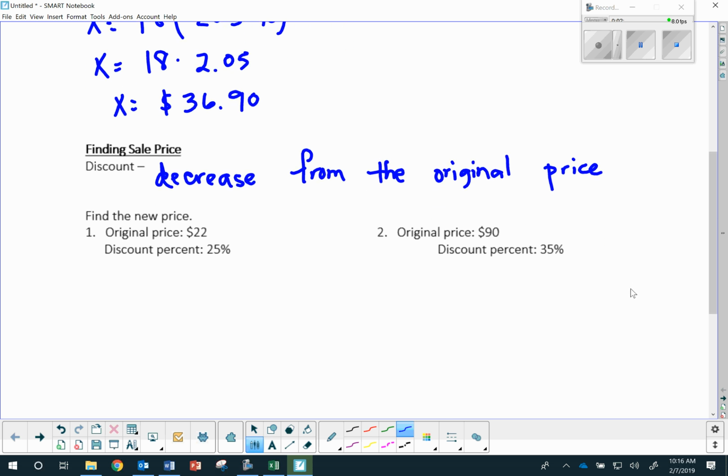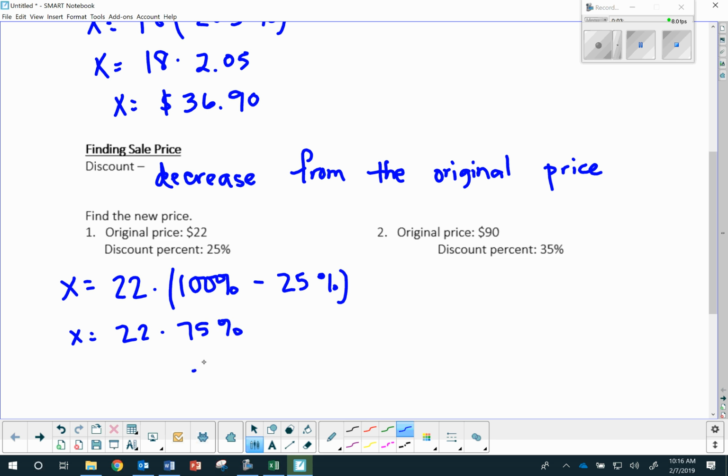If it says our original price is $22 and the discount percentage is 25%, we're going to say X equals 22 times the 100%, which is the original amount, minus the 25%. So then we have X equals 22 times 75%, which we know as a decimal is 0.75, times 22. We find that X equals $16.50. All right, I'm going to leave the second one for you to try, following that same pattern.